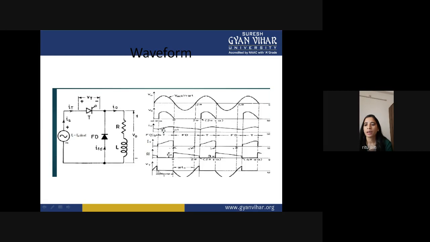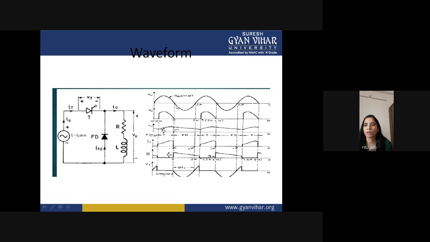But at alpha, you triggered the SCR, and from alpha to pi the thyristor voltage is equal to 0. So this is all about your positive half cycle.